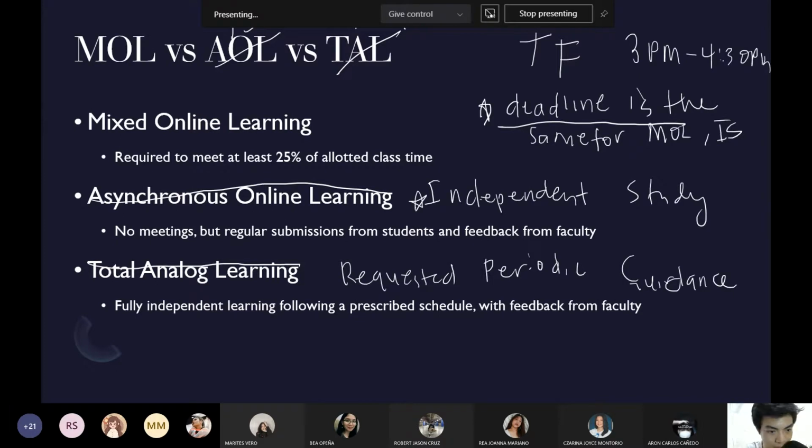Then you will answer all the materials there, and then you have to submit it at least a week prior to the examination, so the professor can check your outputs, no? Pero hopefully nobody will fall under this category, no? Especially medyo matagal na tayo nag-online class, kaya hopefully we have the materials necessary for the two other modes of learning.